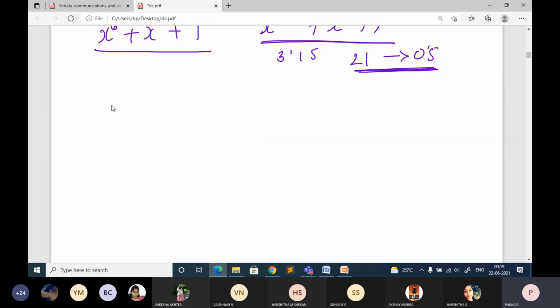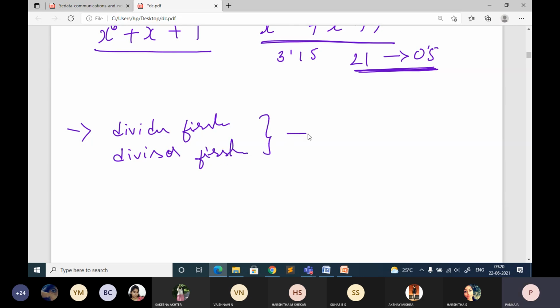Okay, that means whenever you want to perform division, dividing two polynomials, the first thing you have to take is the dividend. Okay, dividend first term, and this should be divided with the first term of the divisor.